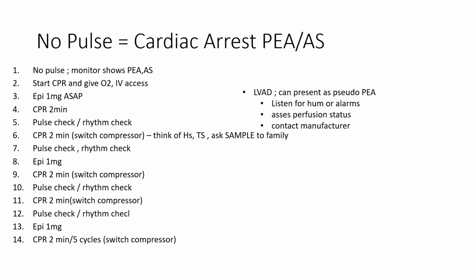After your CPR is done, you give another dose of epi for the next round of CPR. So basically how this works is you do CPR, you give epi as soon as it's available, then you'd continue your CPR 2 minutes with your pulse check, rhythm check before every cycle, and you're giving epi every other round.